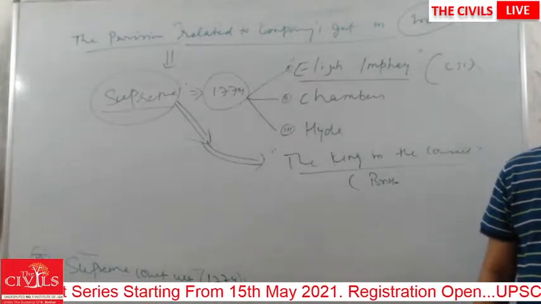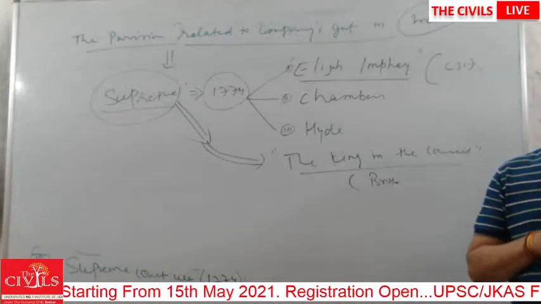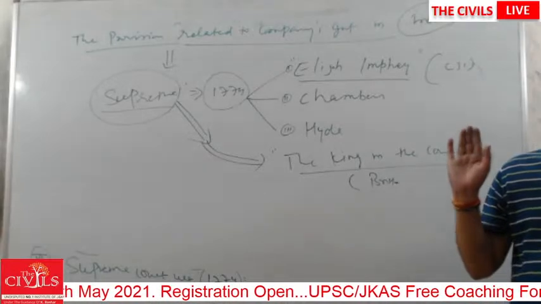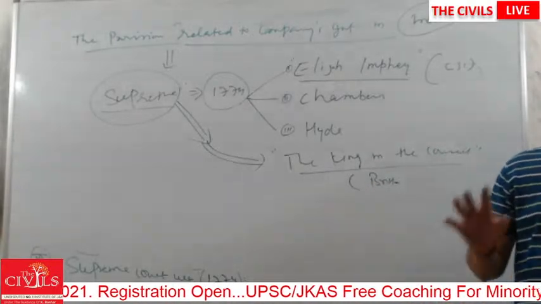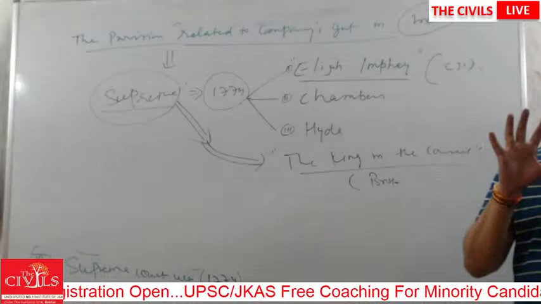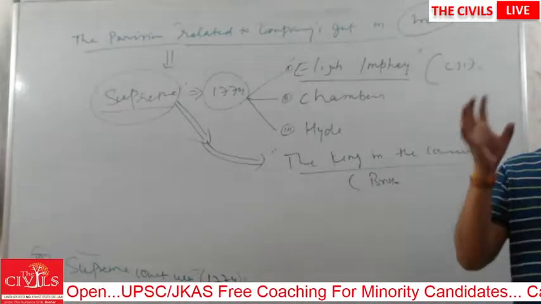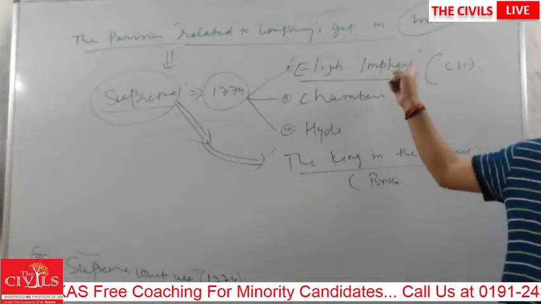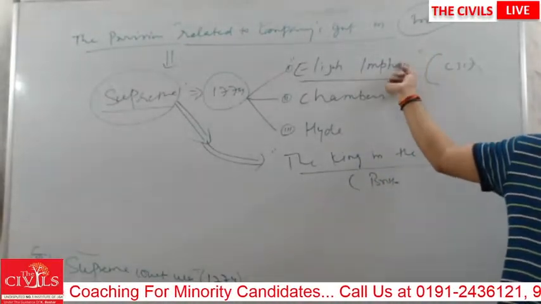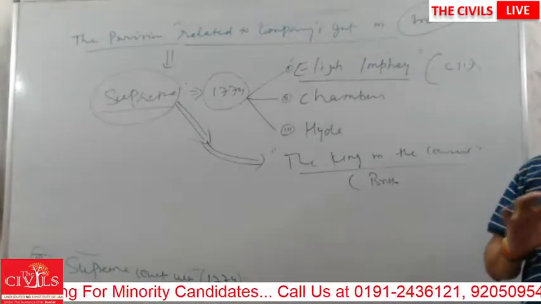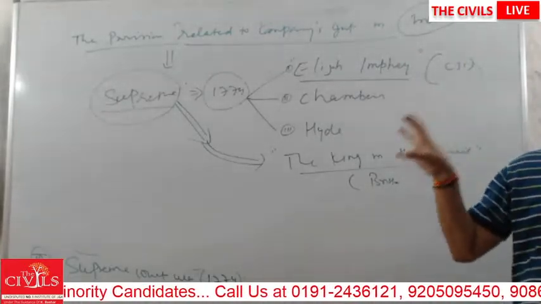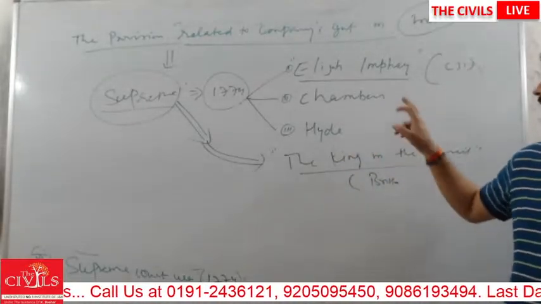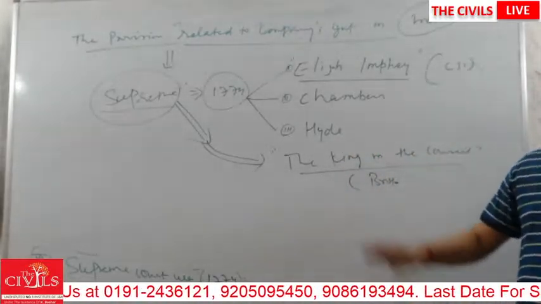The second provision was that the Governor of Bengal was changed into Governor General. The third was that a Supreme Court was established in Bengal with 3 members. Elijah Impey was the Chief Justice of the Supreme Court, and the other 2 judges were Chambers and Hyde.